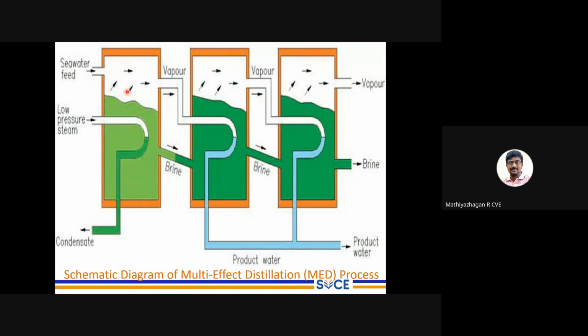These water vapors are cooled by the next chamber's seawater. So the water vapors are condensed into water, as well as the heat from the water vapor is transferred to the seawater. It happens in multiple chambers. Therefore, it is called multi-effect distillation.